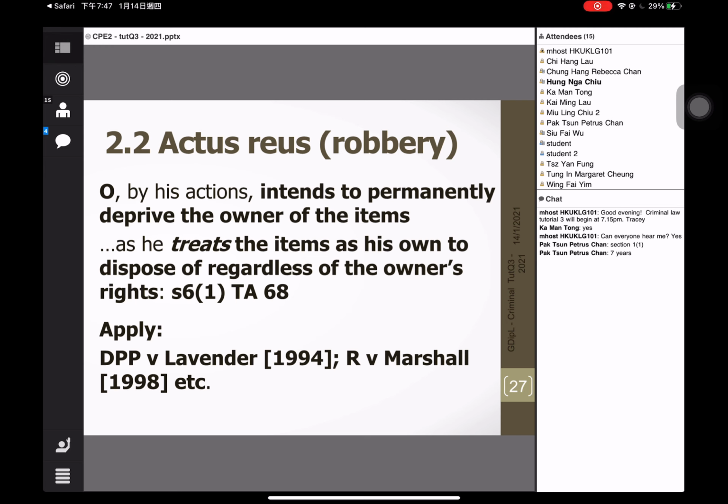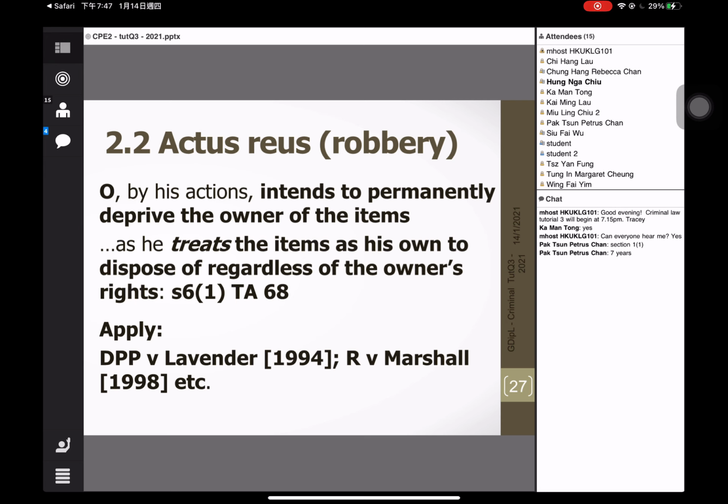Of course, things like cheques can be viewed as bits of paper, but they can also be viewed as bits of paper that have special qualities, and they represent a thing in action, a legal right in action.